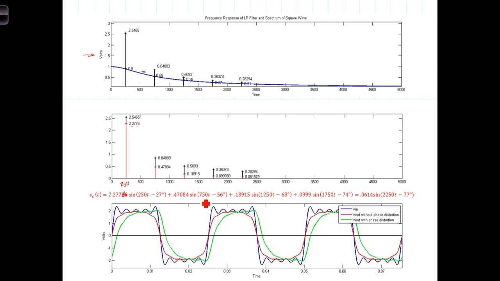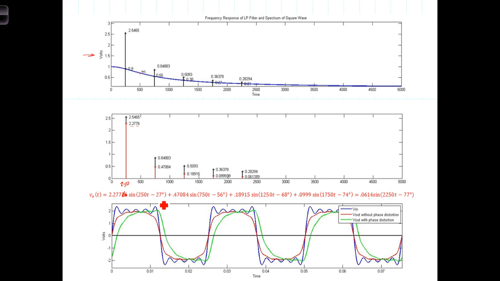Similarly, the amplitude of the 750 radian per second term is 0.47064, then 0.18915, 0.0999, and 0.0614, rounding that one off.